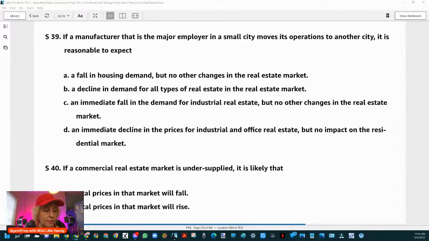Okay, so is it going to have a major impact or not? So you've got a little bitty town and a major employer that employs a lot of people in that little town, and they decide to move to another city.